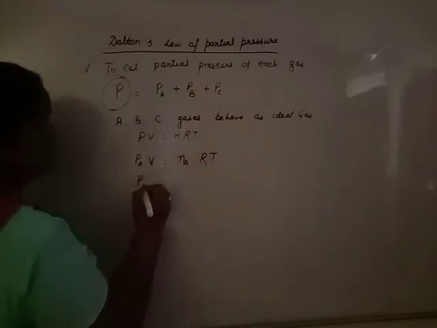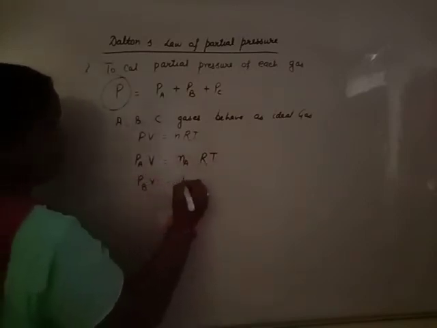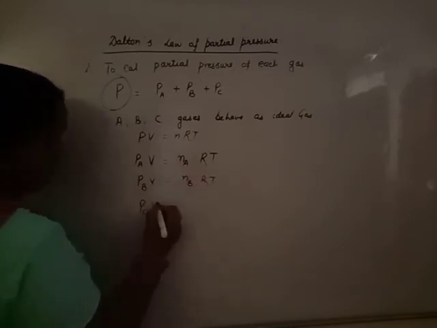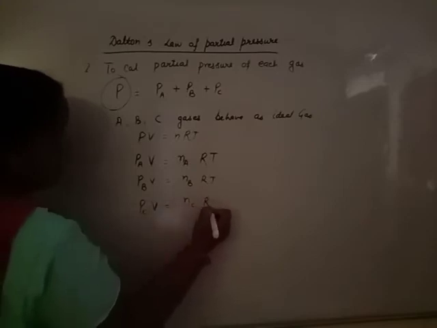For B, PB V equals nB RT. For C, it is PC V equals nC RT.